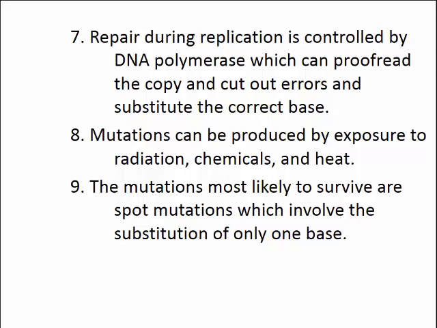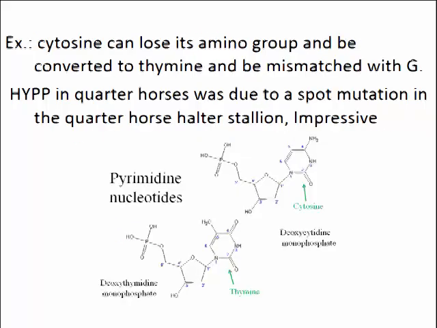Mutations are typically produced by exposure to things like ionizing radiation, which could be ultraviolet radiation, chemicals, heat, even viral infections can cause mutations to DNA. And the mutations that are most likely to survive are the ones we call spot mutations, where they are simply substituting one base for another base.